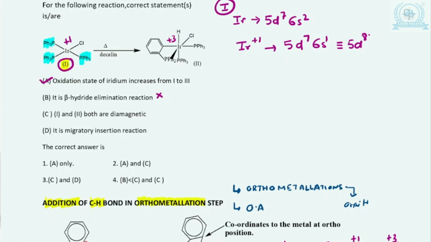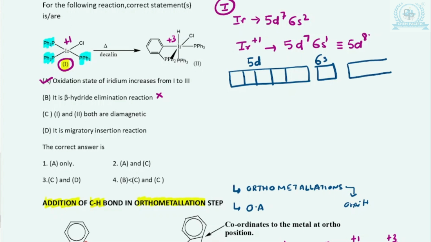Now let's see. With iridium +1, if you draw this, this is 5d. Then you have the 6s and also the 6p. Since PPh3 is a very strong field ligand, and you know this is a 2-electron donating ligand, it will help in pairing up of the electrons.